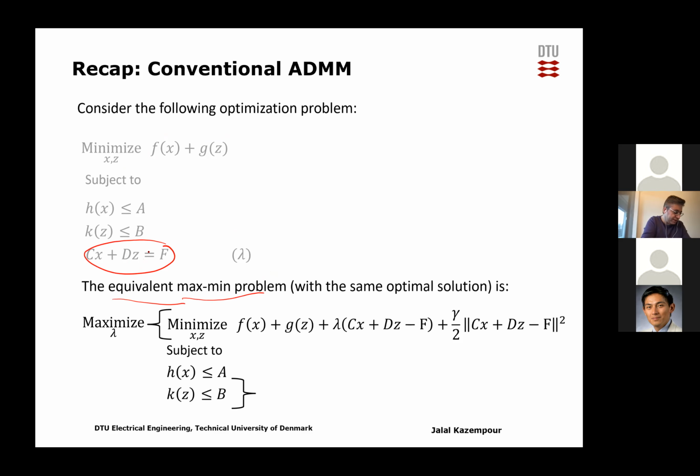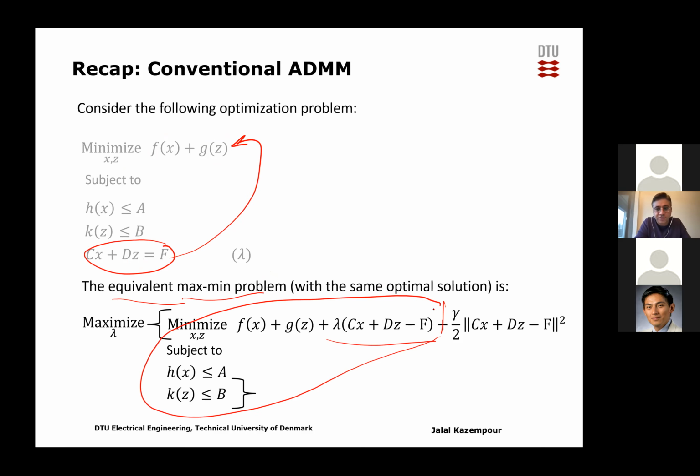So we bring the complicating constraint to the objective function, as we did here. Now this term is our partial Lagrangian function. Then lambda is our dual variable. So we need to write a max-min problem to be able to achieve the optimal value of lambda.